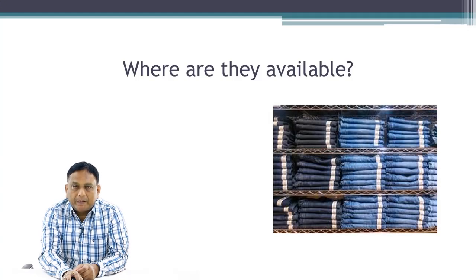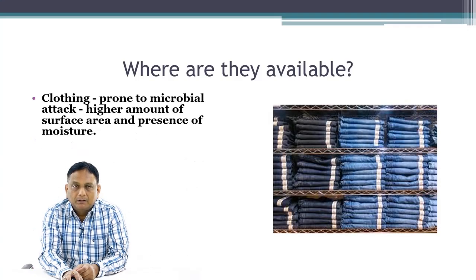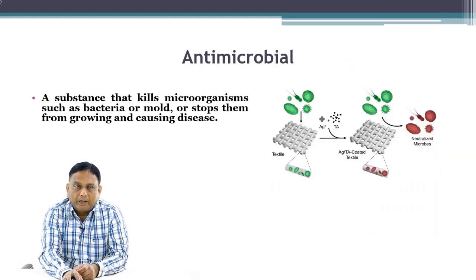You can see the fabrics available and how clothing is getting affected. Clothing is prone to microbial attack because of the higher surface area and presence of moisture. So these are two generic requirements for microbial attack on the fabric.